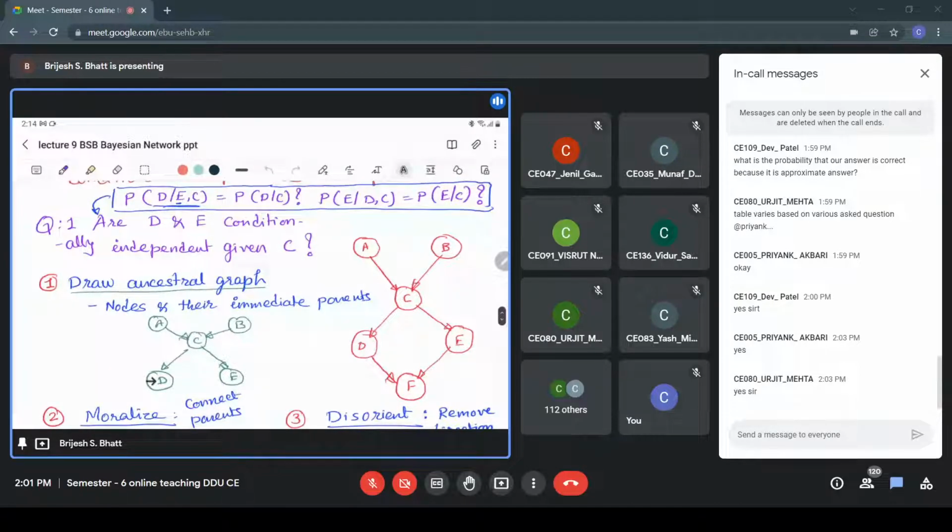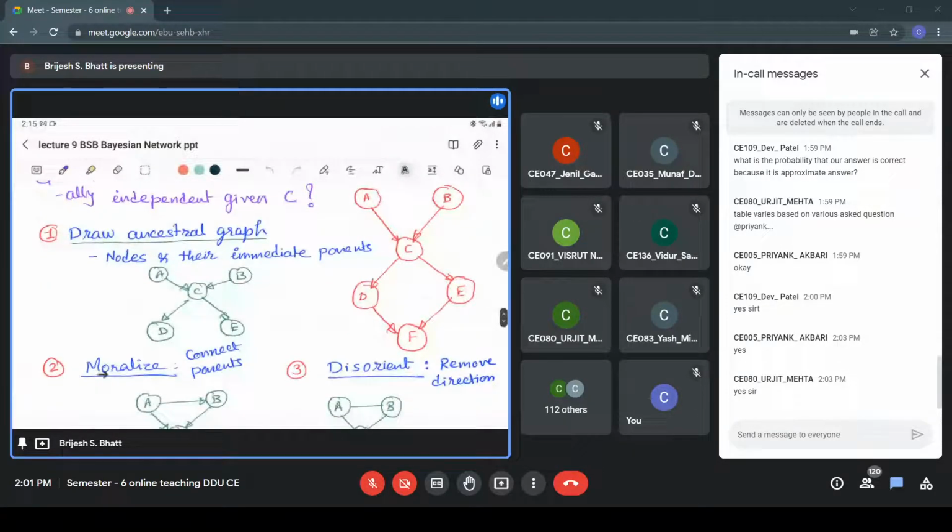So D and the parent of D, that is C, E and the parent of E, that is C, and the parents of C, that is A and B. So this becomes the ancestral graph of this inference question or query: probability of D given E and C is equal to probability of D given C. So the ancestral graph is the nodes and their immediate parents.